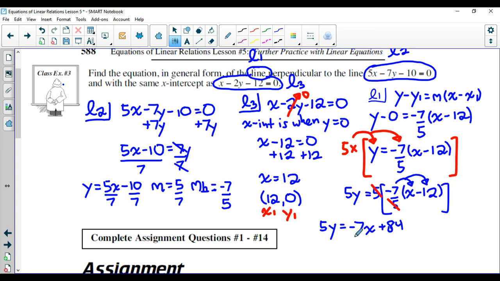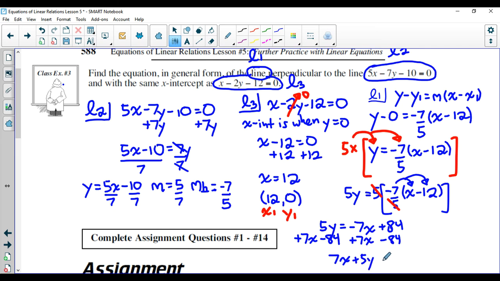Now to get it in the general form, we've got to move terms all over to the same side, but I want my x term to be positive. So I'm going to have to move the x term to the other side to make it positive. We're going to add 7x to both sides, and subtract 84 from both sides.